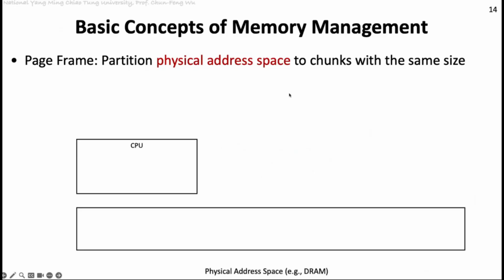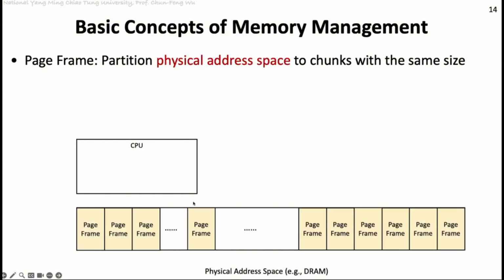So there are more details about the basic part. If this is a DRAM and we are going to do the partition, you can think of it like this. The whole DRAM is just a linear space, like if it is 4 GB, and we will divide it into a lot of 4 KB page frames.